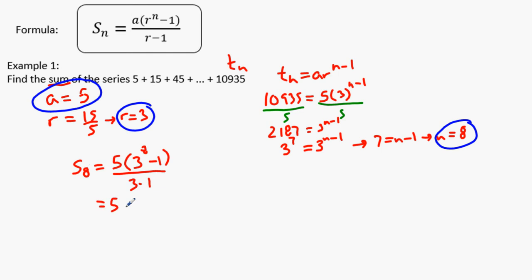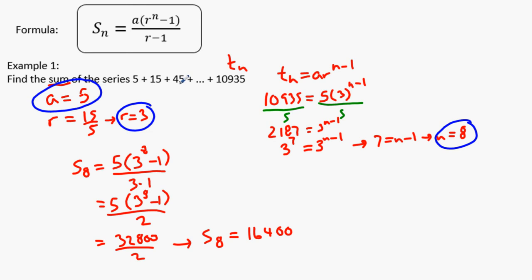So here I'm going to have 5, bracket 3 to the exponent of 8, minus 1, all over 2. This gives me 32,800 all over 2. So that means that S8 is equal to 16,400. So that means the sum of this series is 16,400.